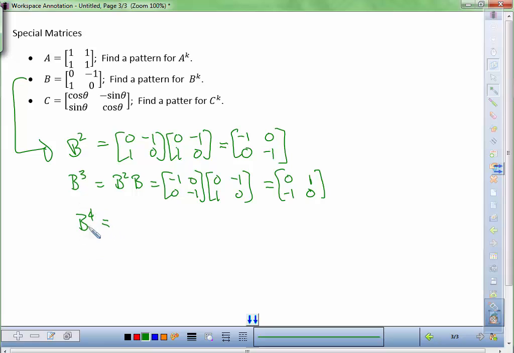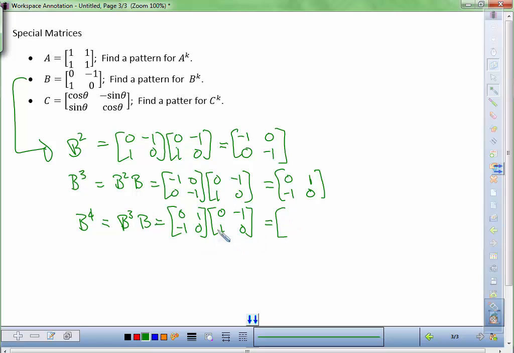Let's go to the fourth power, b to the fourth. That would take b cubed times b: 0, 1, -1, 0 times b, 0, -1, 1, 0.